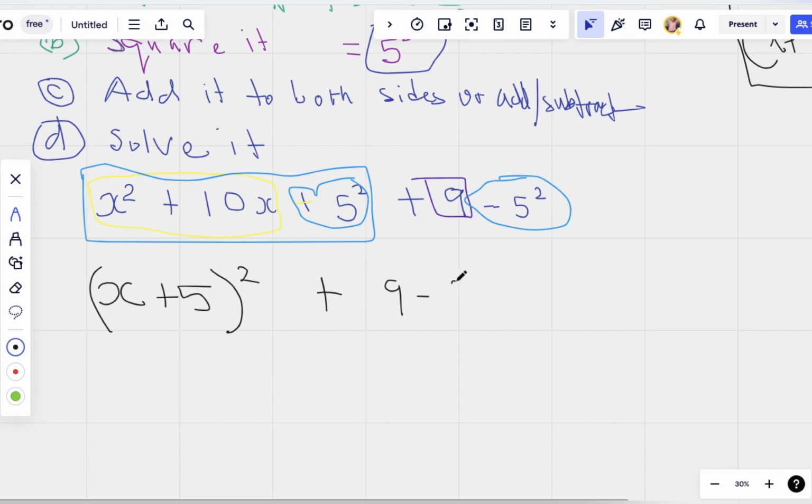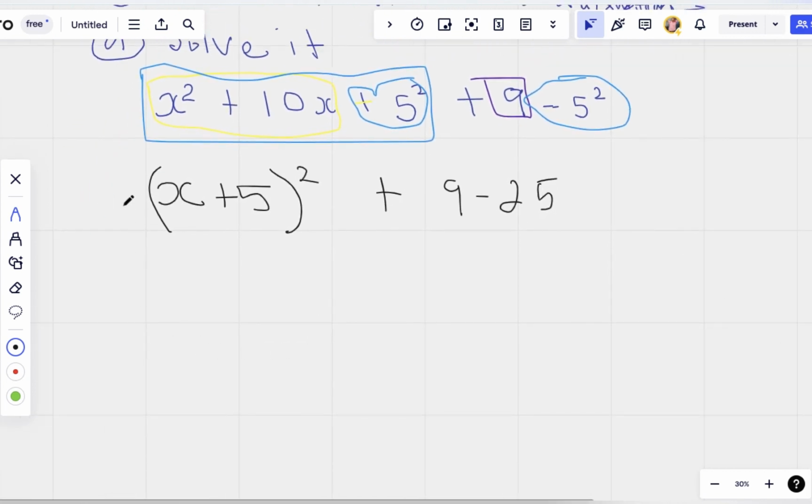You know, 5 squared is 25. So we say 9 minus 25. The next step is we have x plus 5 squared minus, because 9 minus 25 gives a negative number.